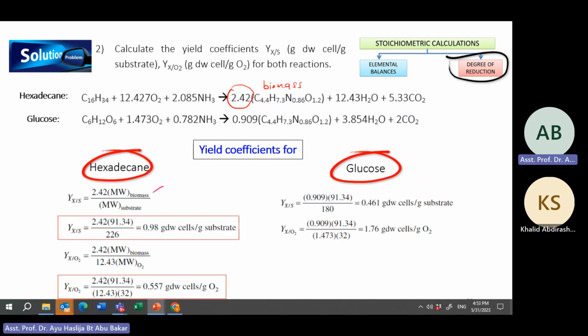Sum up all the elements. C, molecular weight of the C, molecular weight of the H, N, and O. Then you will get the molecular weight of the whole biomass.